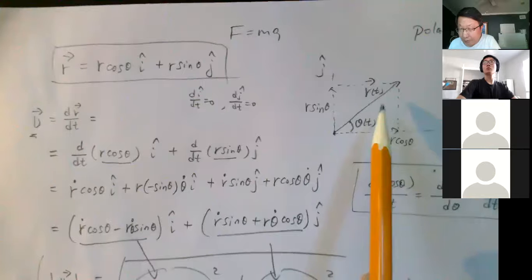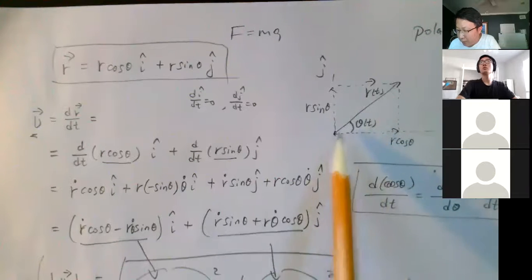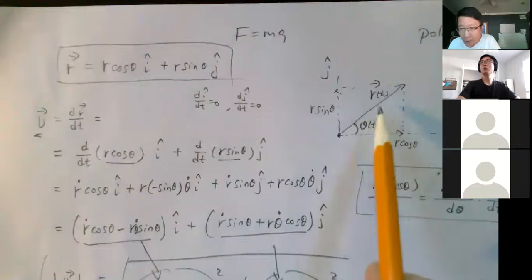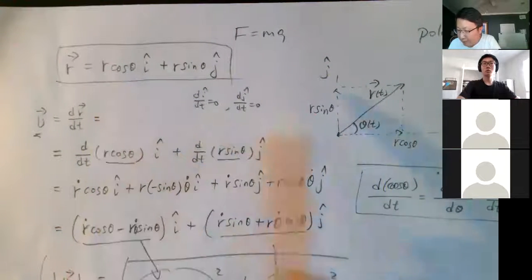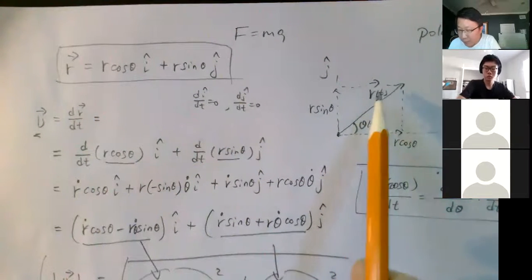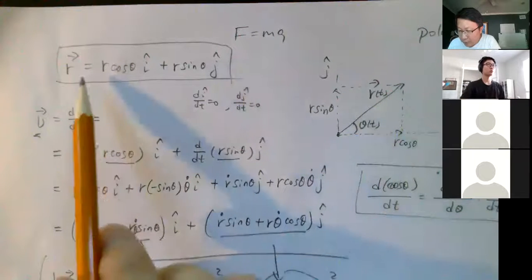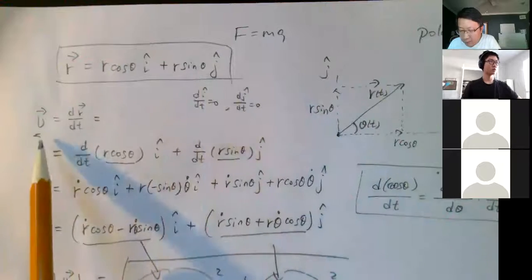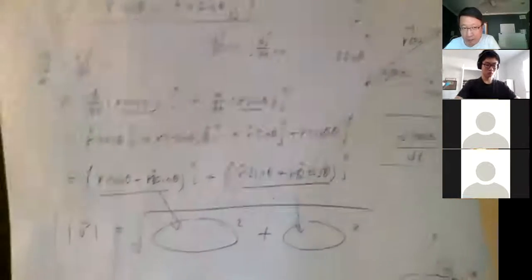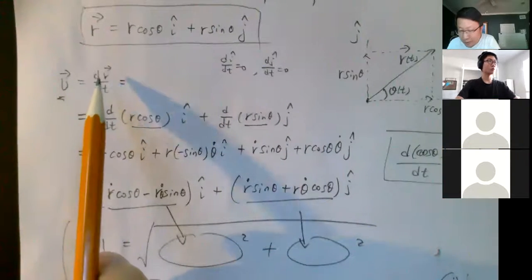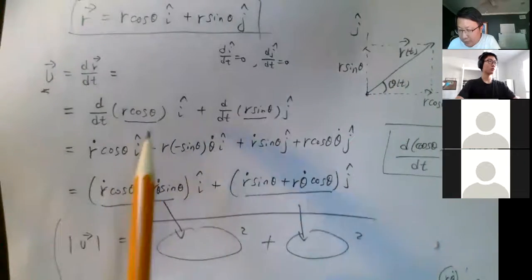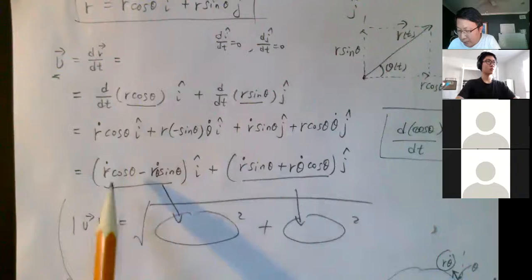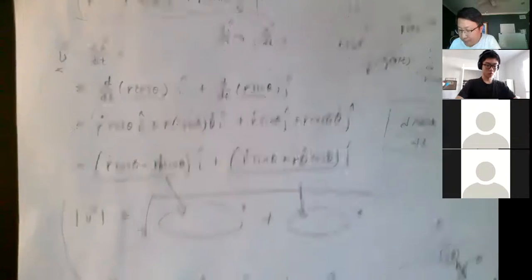You write the initial position vector with its x and y direction components, however using polar coordinates, which are r and theta. One is angle, one is amplitude. So r has this relationship. Then, based on the definition of velocity, which is dr dt, and using basic derivative knowledge, you quickly derive to here, right?